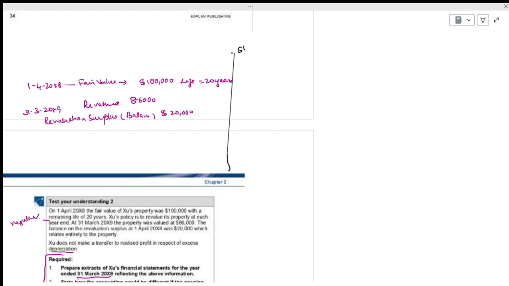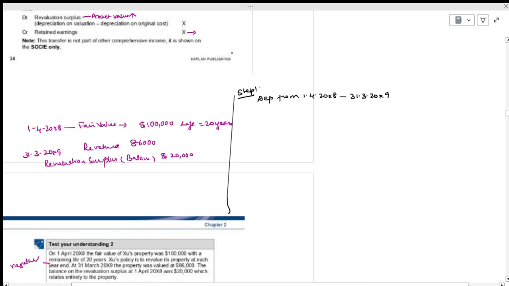Step 1. Depreciation from 1/4/2008 to 31/3/2009. They say there is no residual value. So it is cost divided by life.